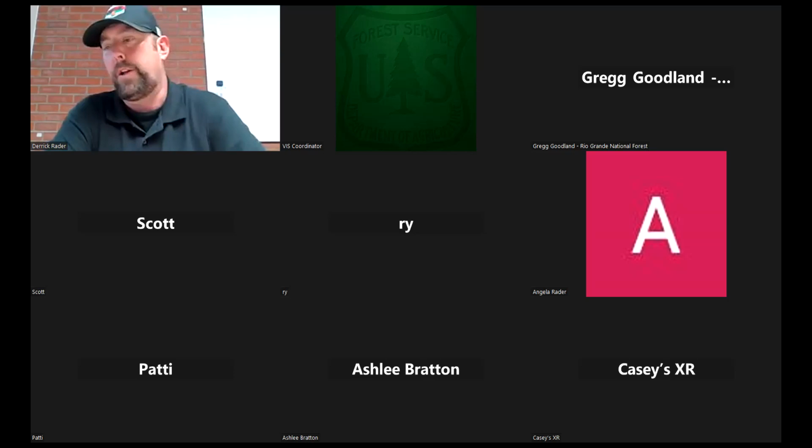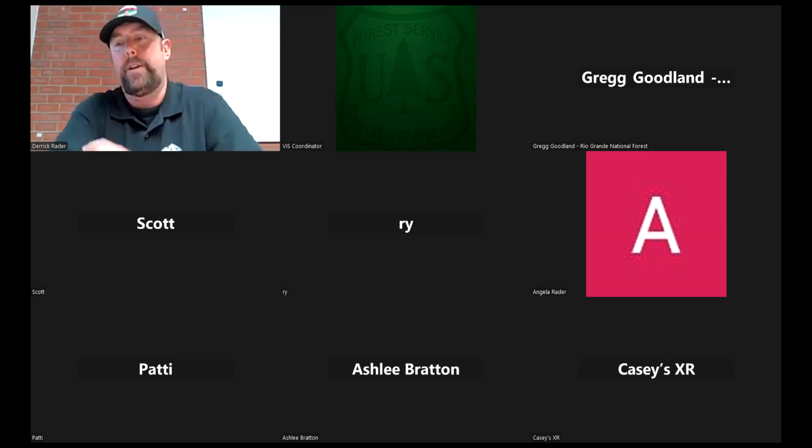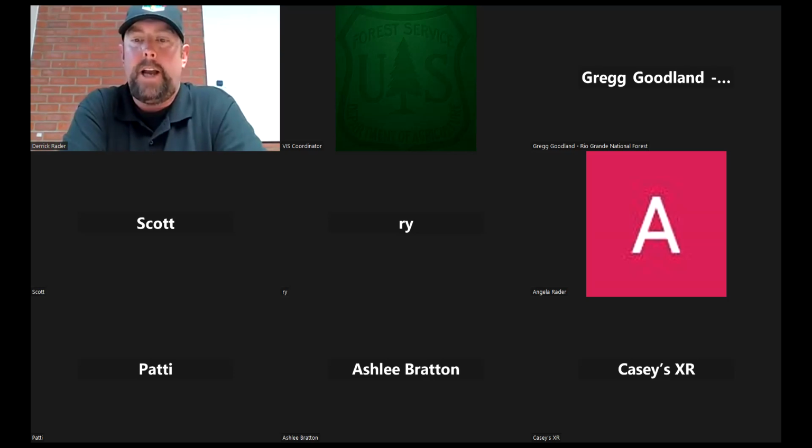Locally, we do have a staff on board now. We have 2 Type 6 engines, one in Saguache, one in La Jara, the Conejos Peak Ranger District. The one in Saguache is the Saguache Ranger District. We have a brand new 10-person suppression module in Monte Vista, and that will be fully functioning and operating out of the Monte Vista ad site.